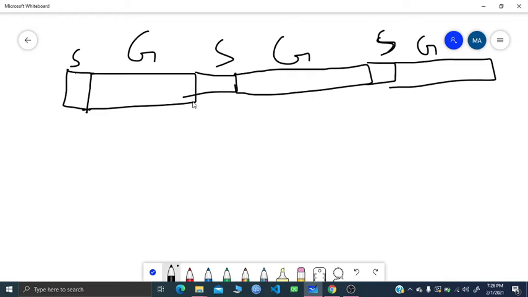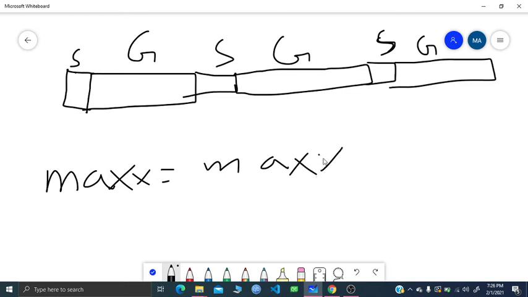So we have more than two groups. When we have more than two groups, we are guaranteed that our initial answer could be the maximum consecutive golden. I'm not saying for sure, I'm saying could be, right?